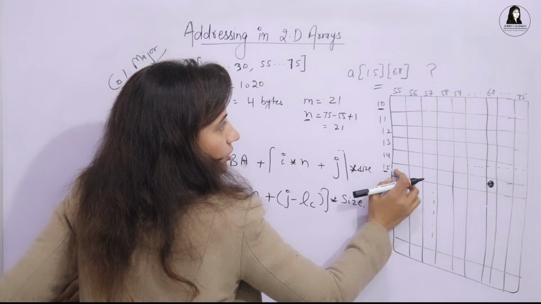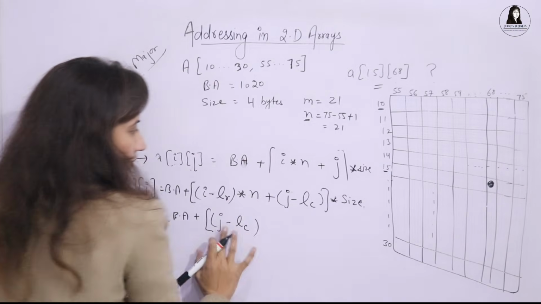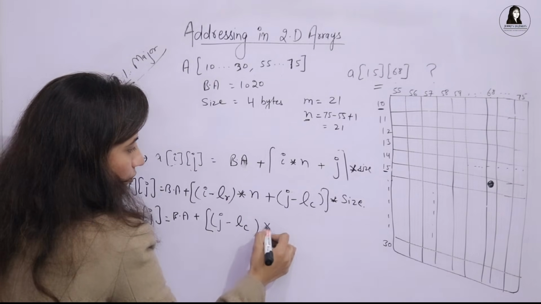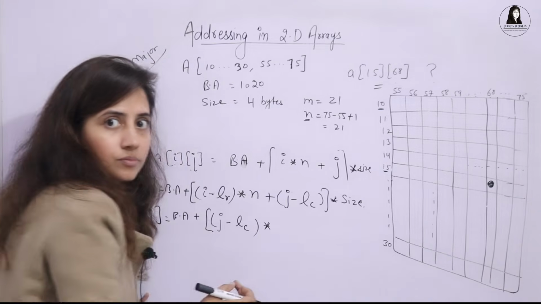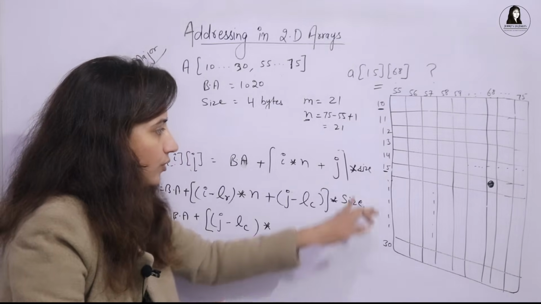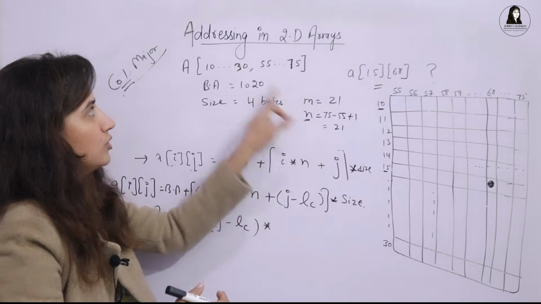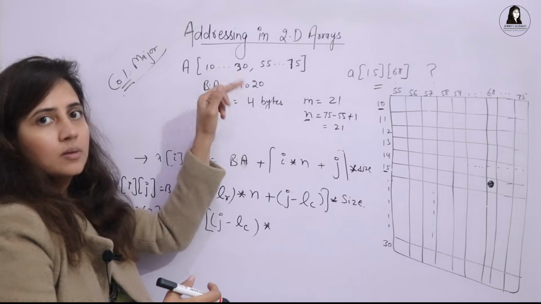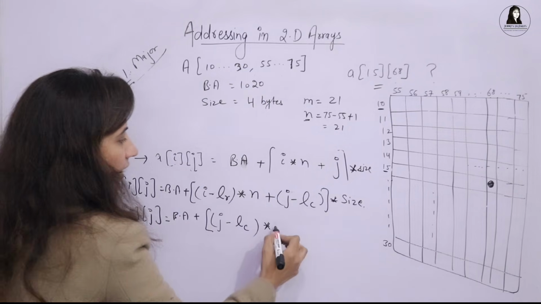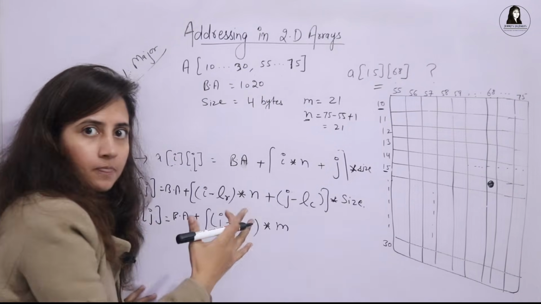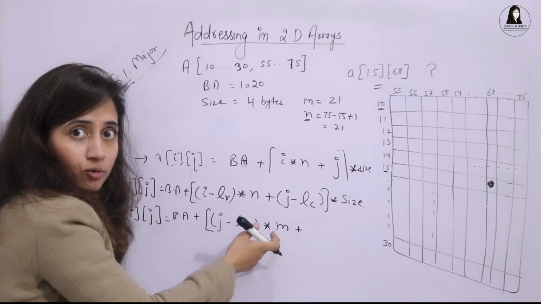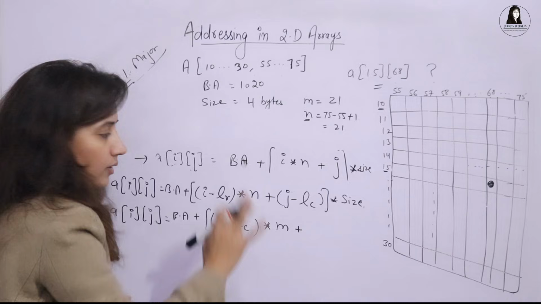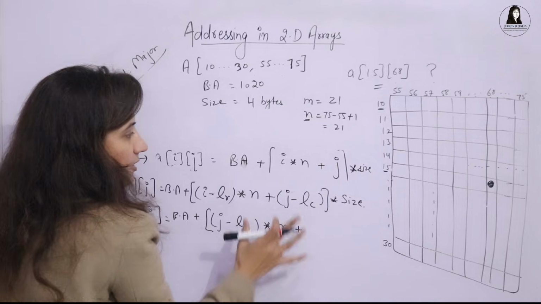How many columns before this? 68 minus 55, right? Now, into, in each column, how many elements do we have? That would be equal to the number of rows. So how to calculate the number of rows? 30 minus 10 plus 1, that is 21. So I am directly writing m here, the number of rows. But there is a different formula to calculate the number of rows and number of columns that I have told you, right? Plus now.